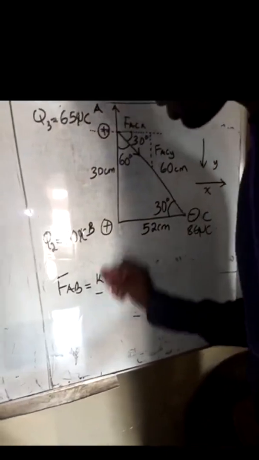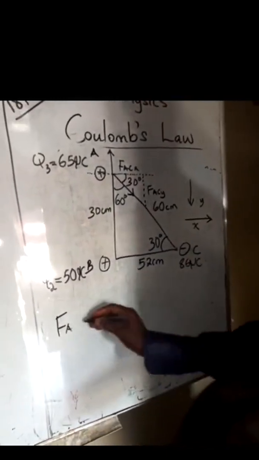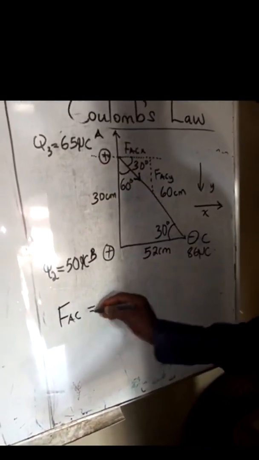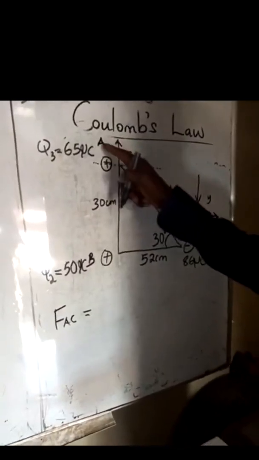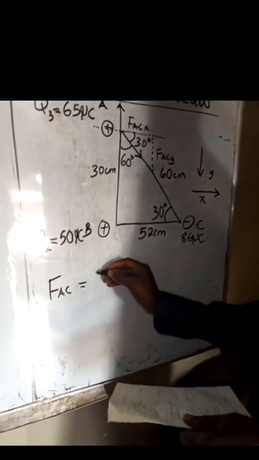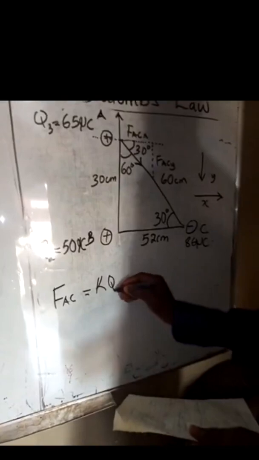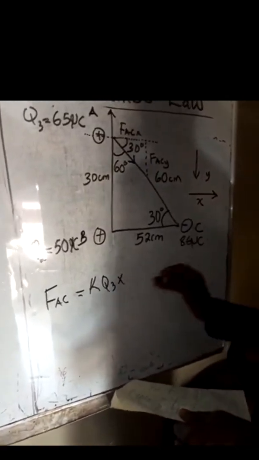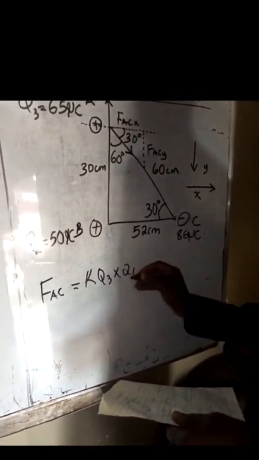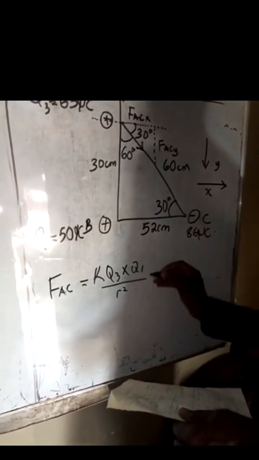The second one is going to be FAC, that is the force between A and C. So it's still the same thing, but here now we are going to use Q3 times Q1. Don't forget, divided by R squared.